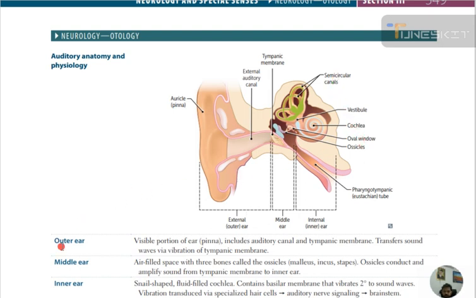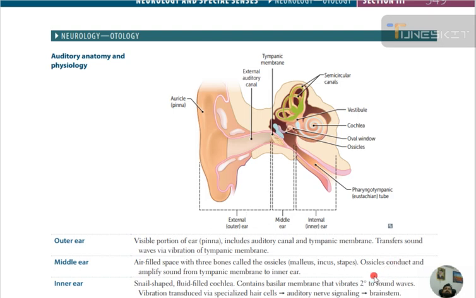The outer ear is the visible portion of the ear, the pinna. It includes the auditory canal and tympanic membrane. So the tympanic membrane is included in the external ear. It transfers sound waves via vibration of the tympanic membrane. The middle ear is an air-filled space with three bones called ossicles: malleus, incus, stapes.